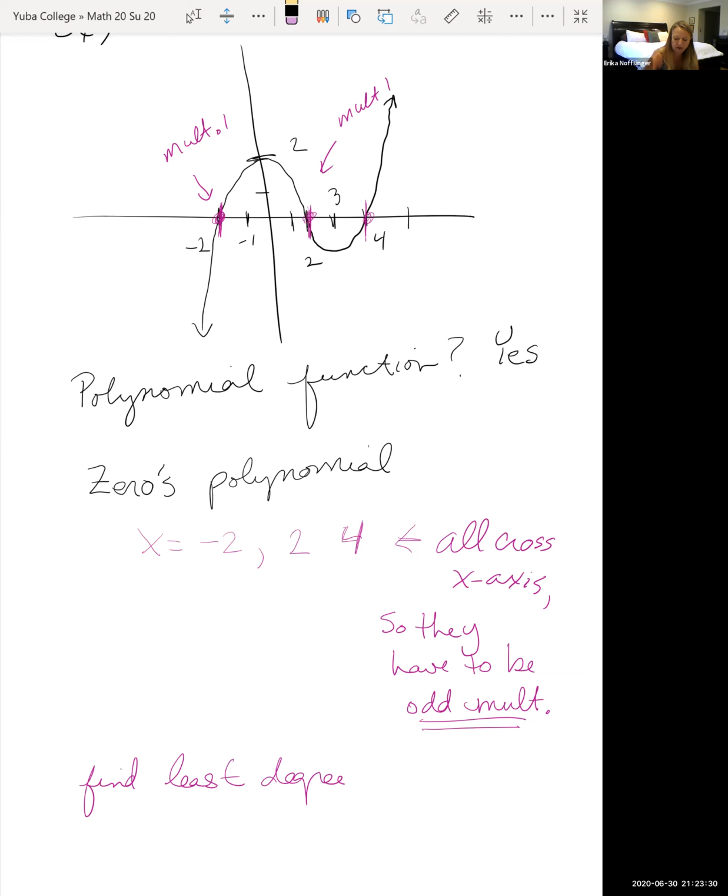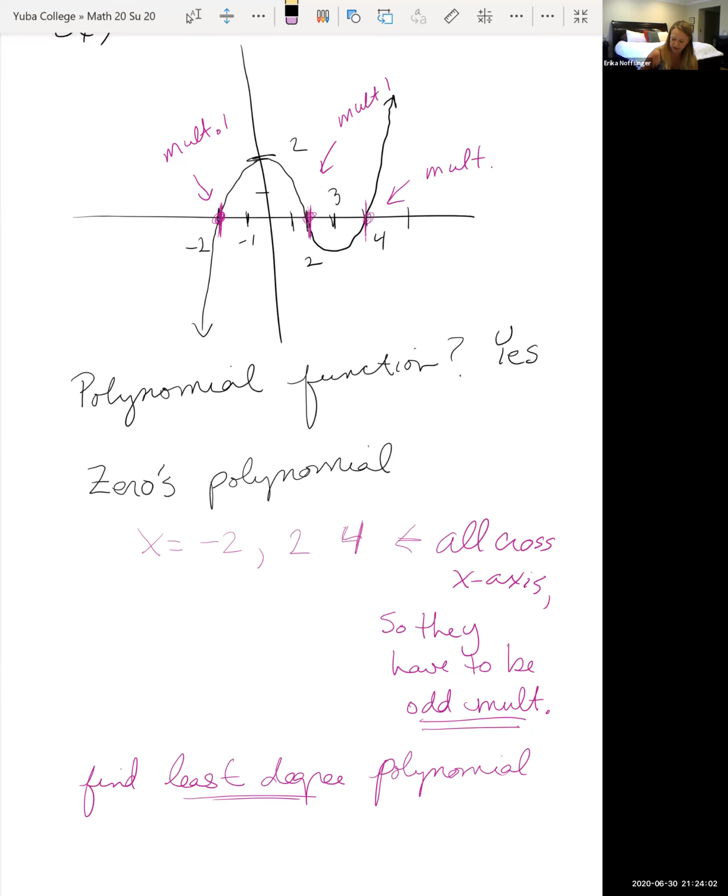Because the other odd multiplicities would be 3, 5, whatever, and that would give me a higher degree polynomial, and I want the least degree. So degree 1 times degree 1 times degree 1 gives me degree 3, x times x times x. And so let's make sure that our end behaviors are good with that.